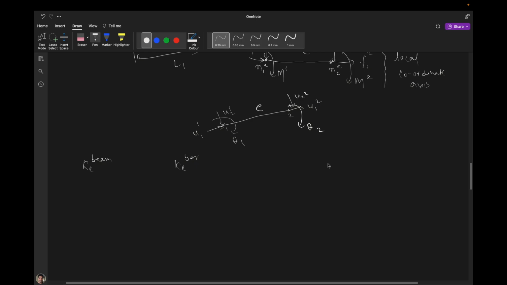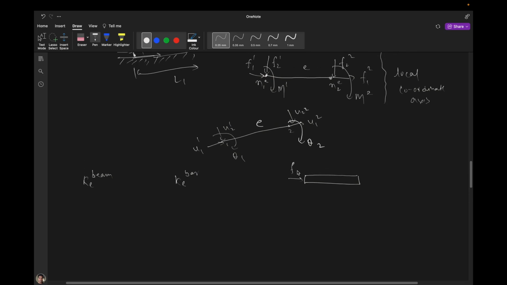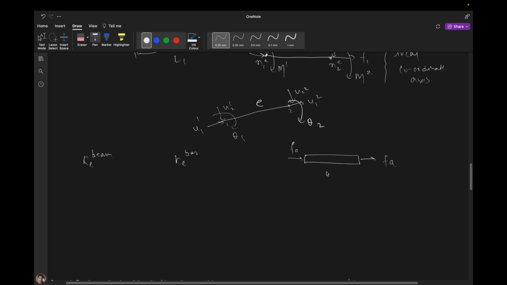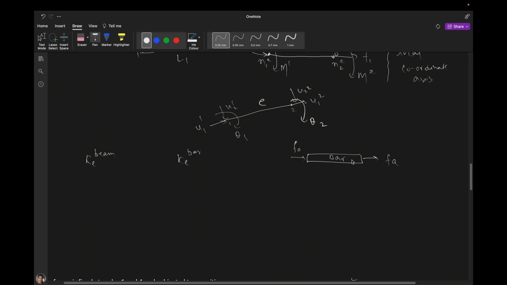Bar means an element which has only axial load acting. And if I consider a beam, it has only transverse load acting.